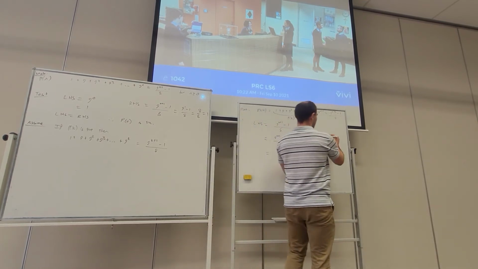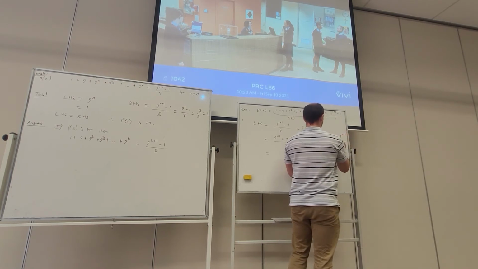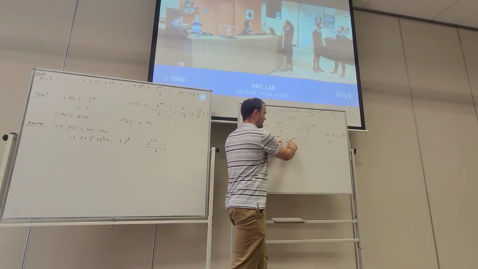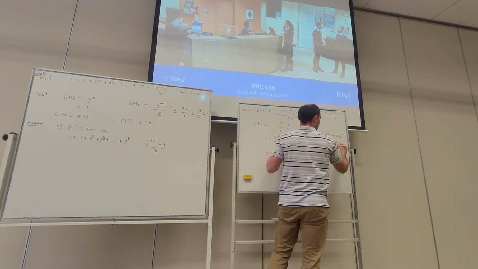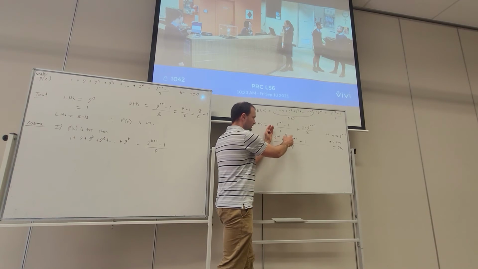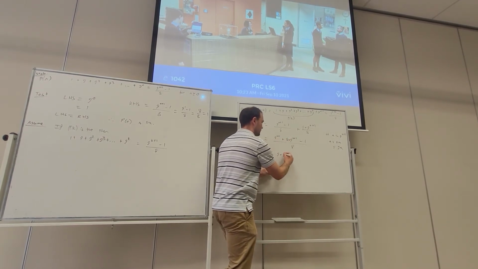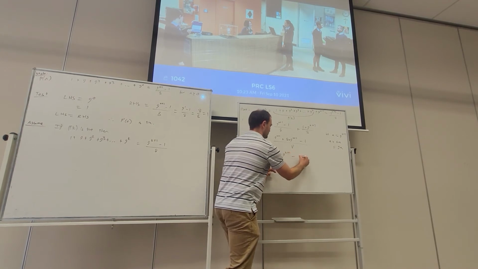You can think about it, again, like if we let A equal 9 to the k plus 1, we've got A plus 8A. It simplifies to 9A. So we've got one lot of 9 to the k plus 1, plus 8 lots of 9 to the k plus 1. That is 9 lots of 9 to the k plus 1.